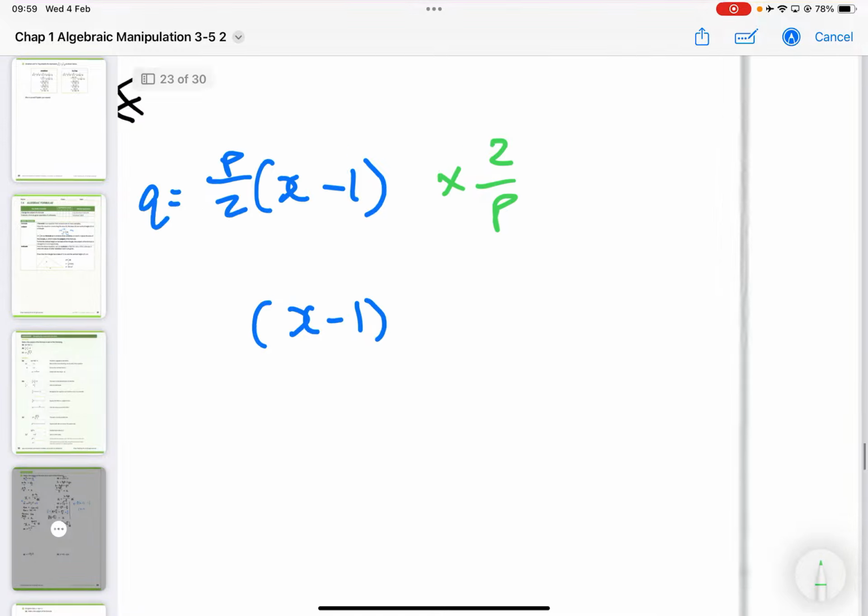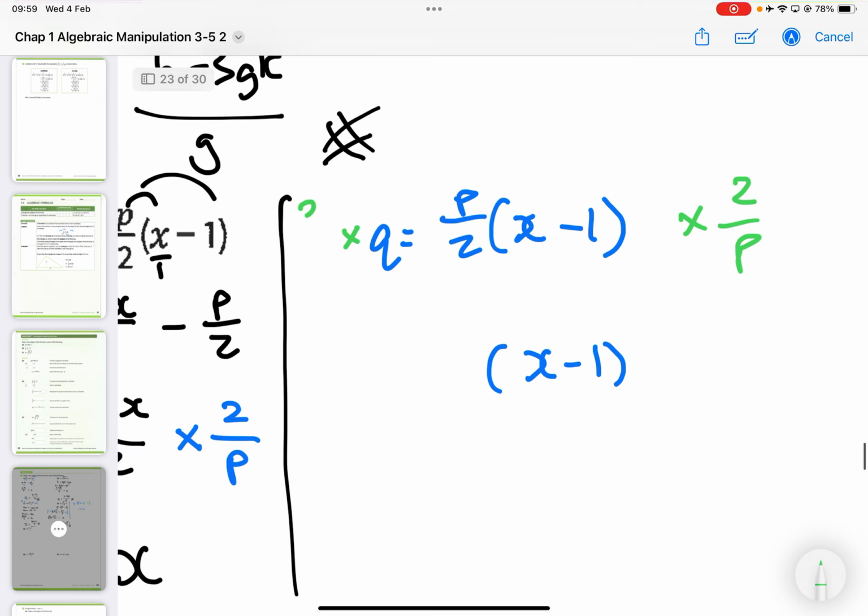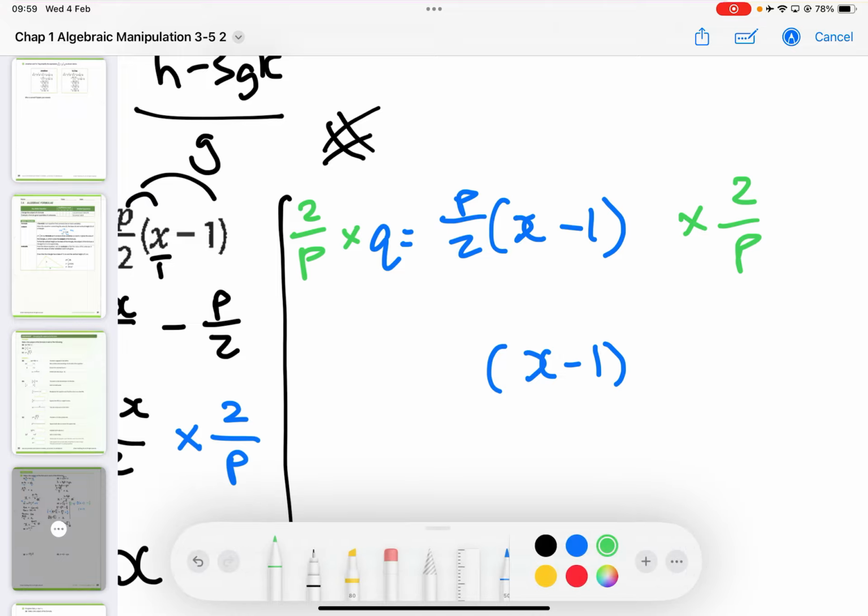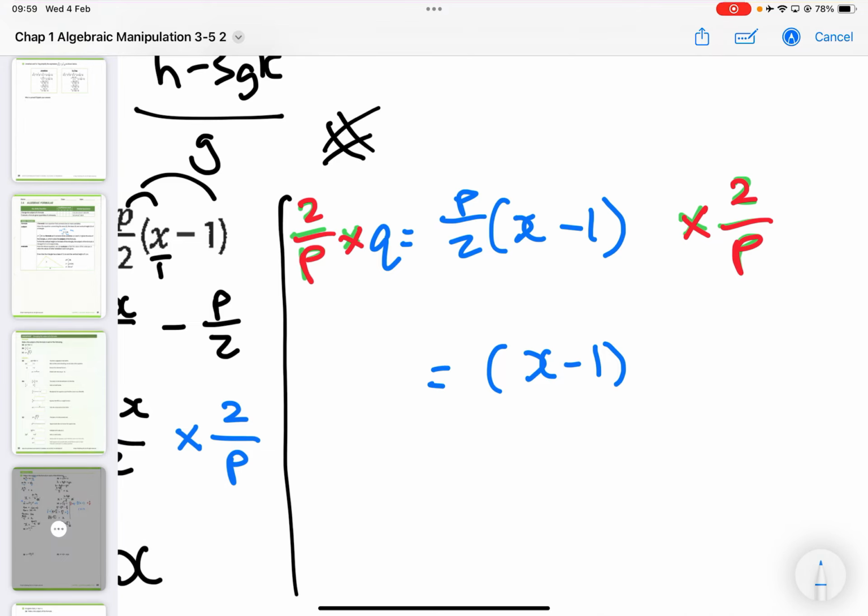So I do the same thing to the left. Then my next step will become 2q over p equals to x minus 1.